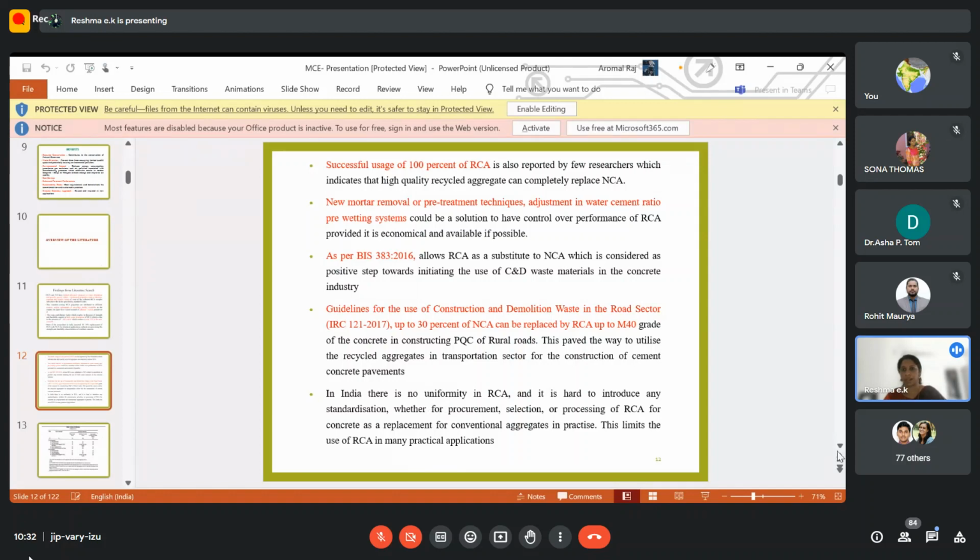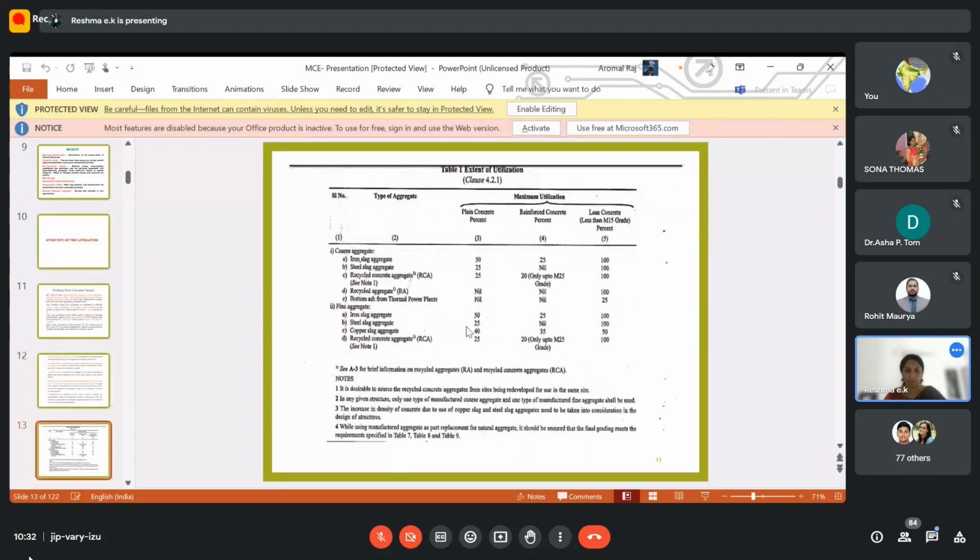So that is why I started with this, from IS 383. Here you can see recycled aggregate, RCA and RA. RCA, recycled concrete aggregate, means it is only aggregate. When I'm talking about recycled aggregate, it includes many other particles like bricks also.